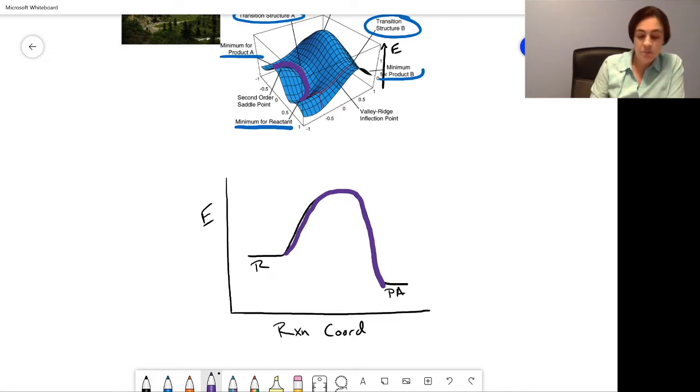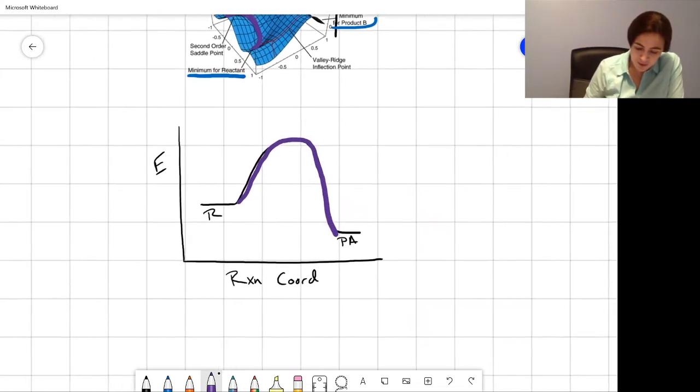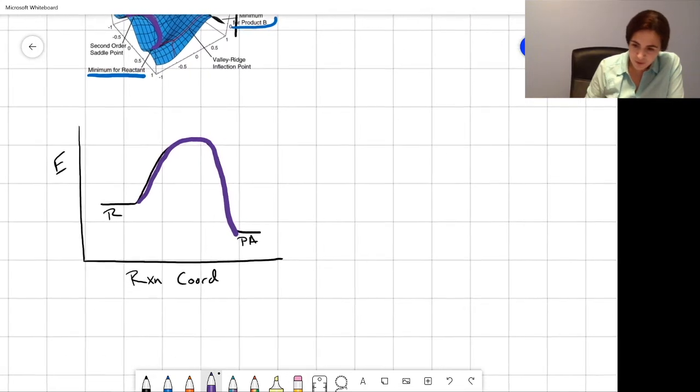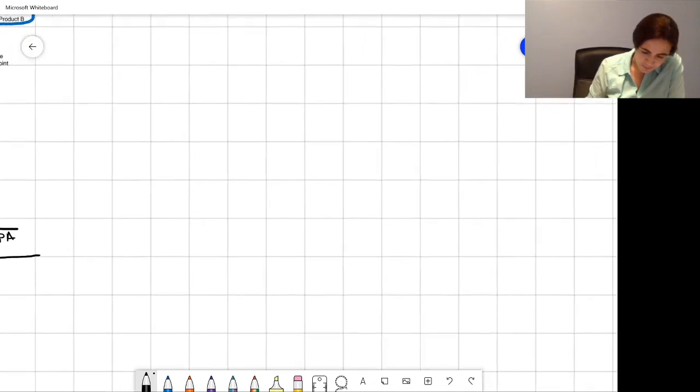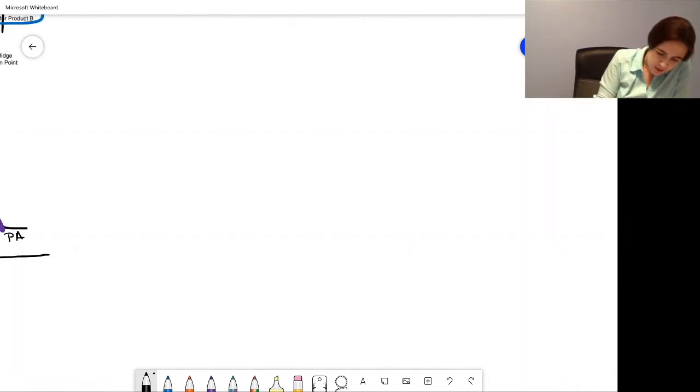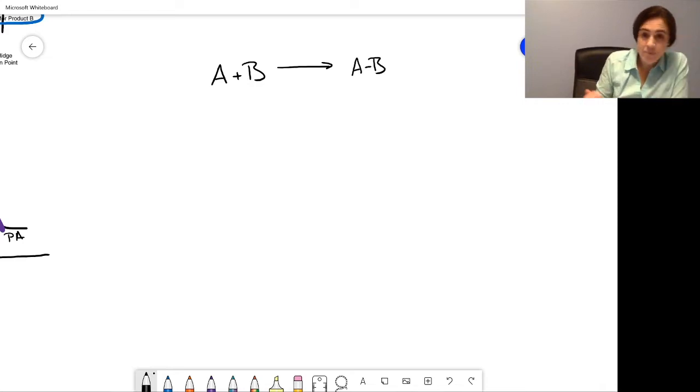So this is a much simpler picture of talking about the transition between one reactant and the product. We can also convey these in terms of a reaction. So let's take, for example, the reaction of A plus B, and that's going to, we'll call it AB. Nothing too creative here.